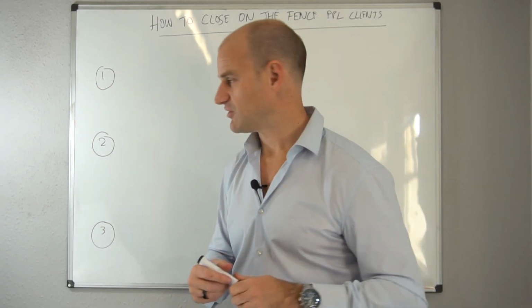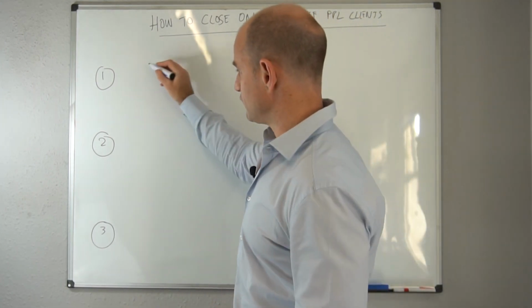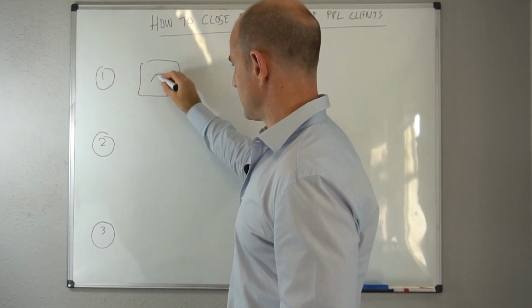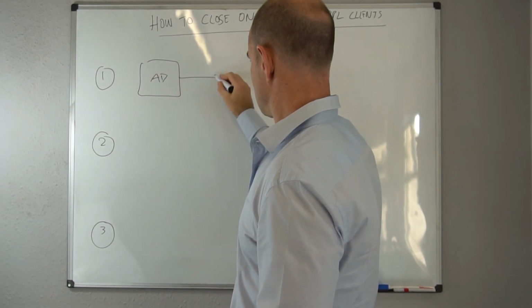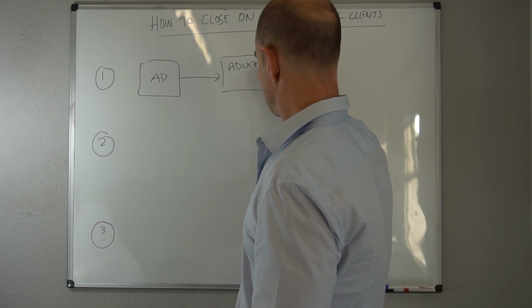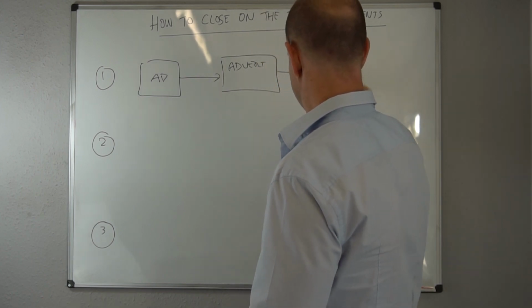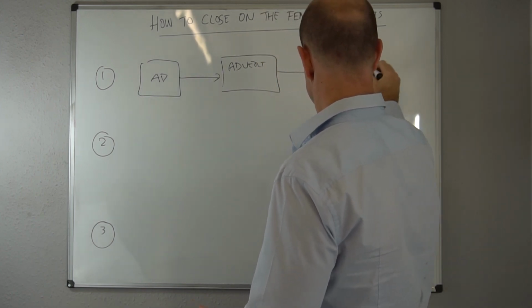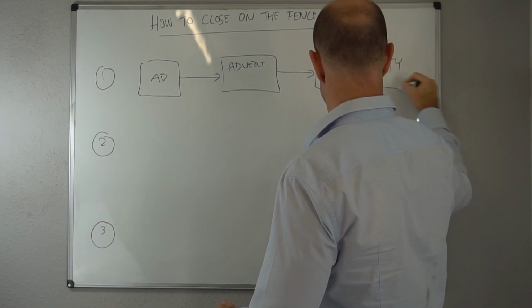But what I say is this, all right, Mr. Client, what we do, the first way we generate leads is with an ad to an advertorial to a landing page to a thank you page.